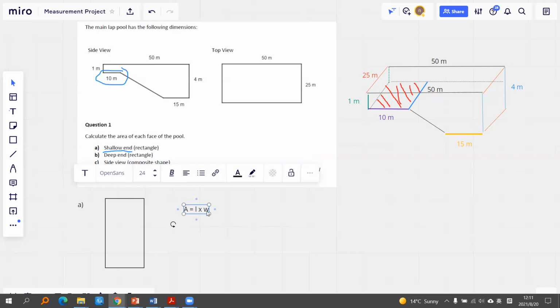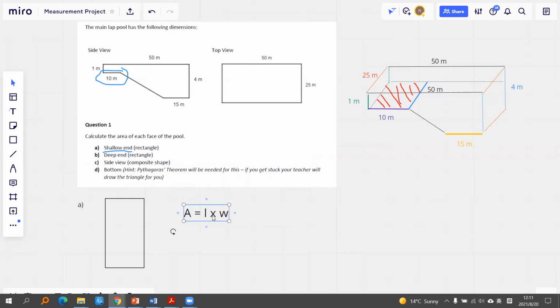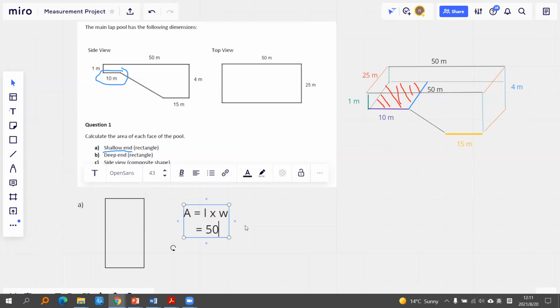For the length, what do I have? Length is 50, right? So we have 50 here, times the base, which is 10, right?